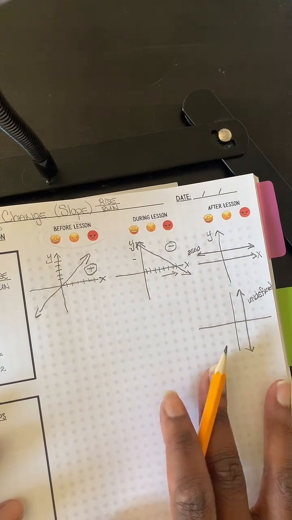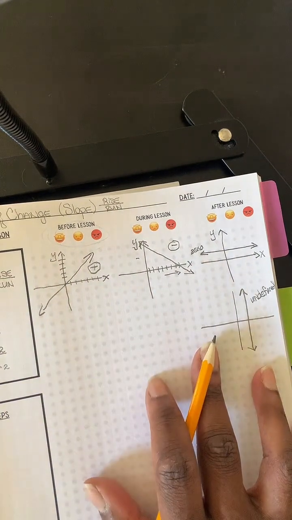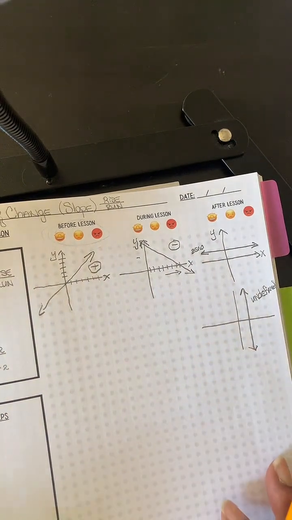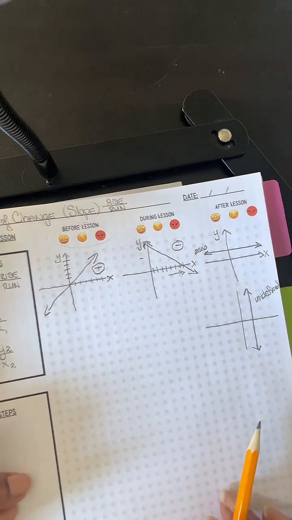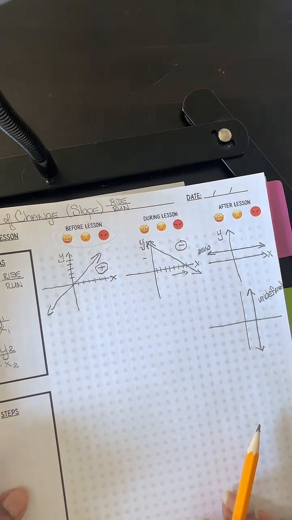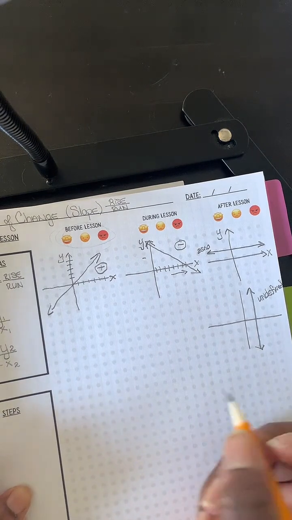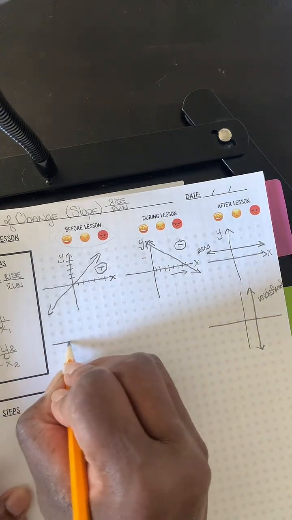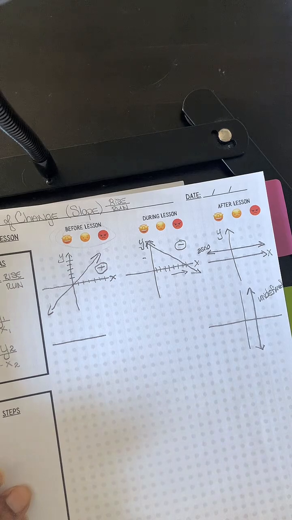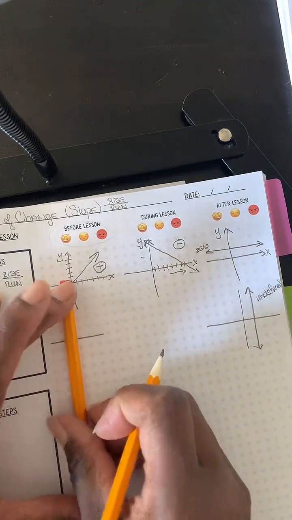So with that in mind, we're going to take a look at a couple of what's called rate of change, aka slope. There's going to be times they might give you a table. So I'm going to old school it up because I can't find my ruler.